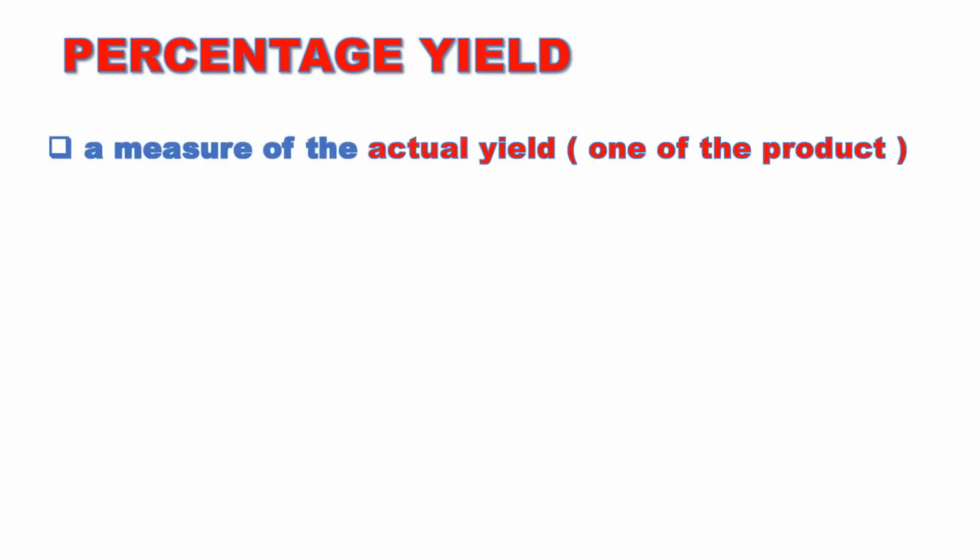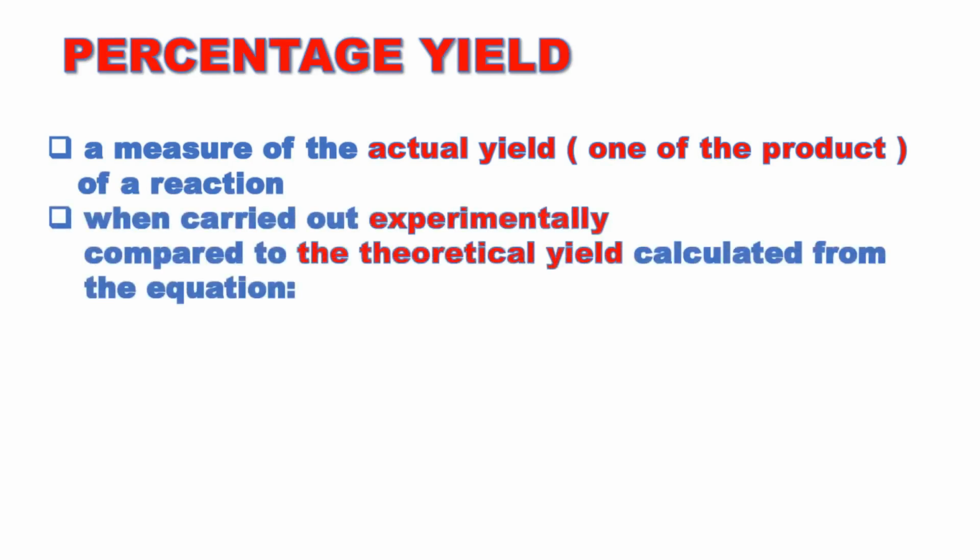Percentage yield is a measure of the actual yield of one of the products in a chemical reaction when carried out experimentally, compared to the theoretical yield calculated from the equation.